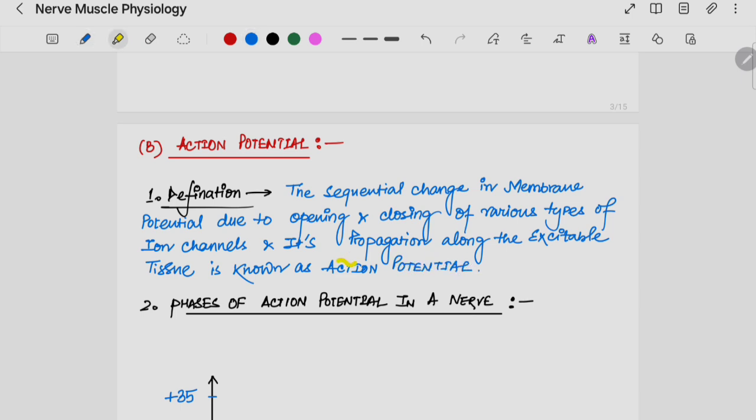Okay, so the main key points are sequential change, opening and closing of various types of ion channels, and the propagation along the excitable tissue, right?